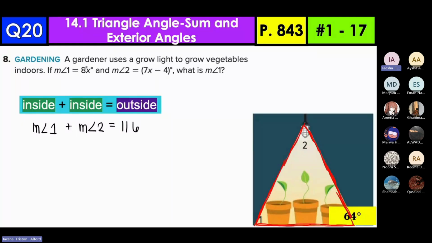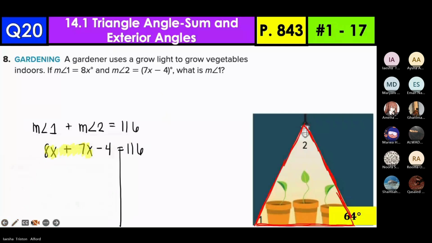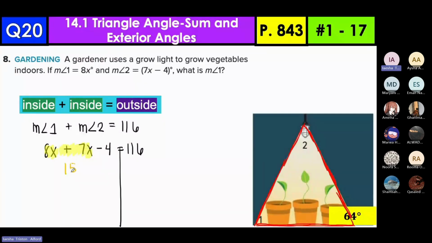See the writing. Angle 1 is 8x plus 7x subtract 4 equal 116. Make sure you clean the numbers with x. 8x plus 7x, positive 15x.